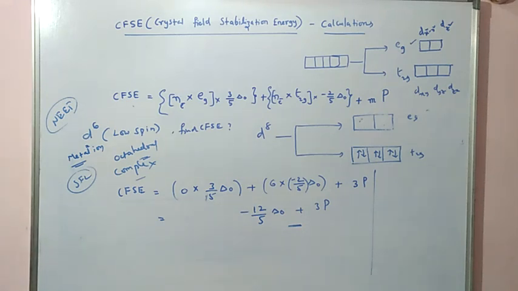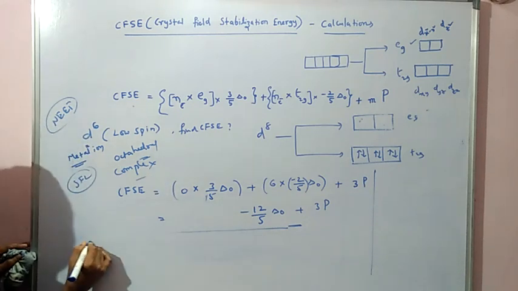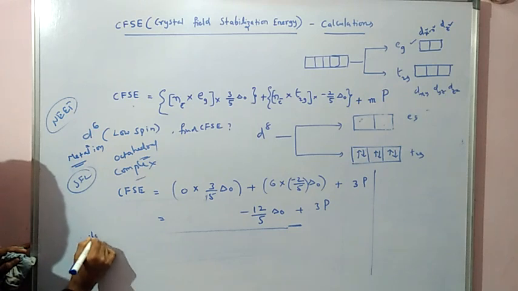Okay. Let us see another question. They asked this question in NEET 2013. That is, what is the crystal field splitting energy for a high spin D4 octahedral complex? What is the D4 configuration?